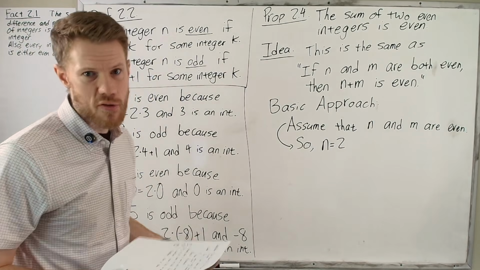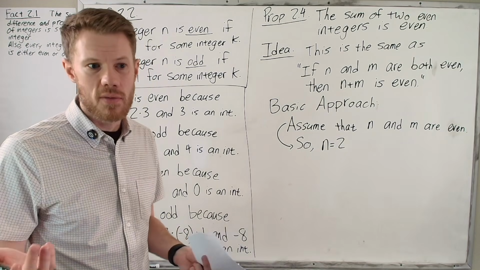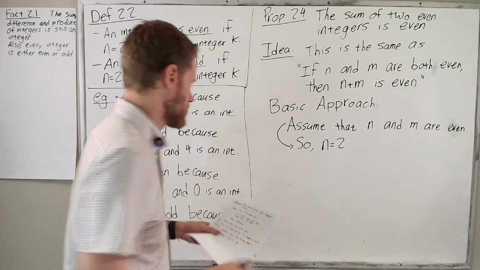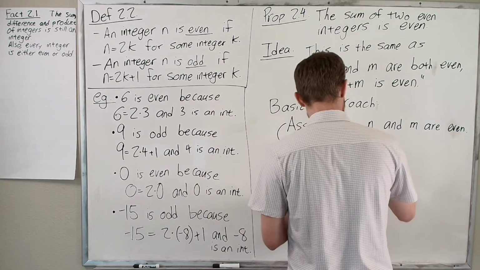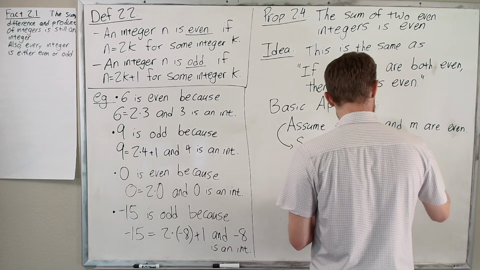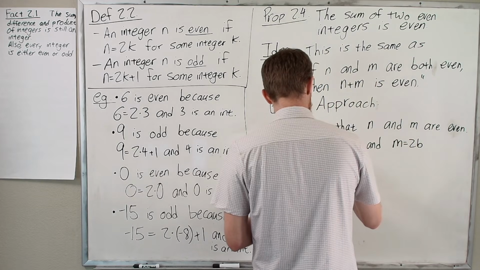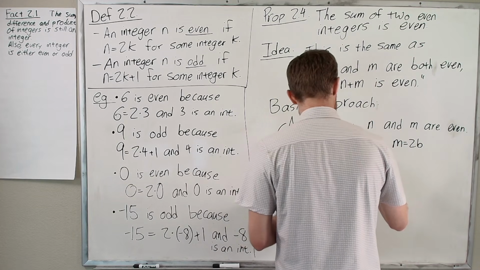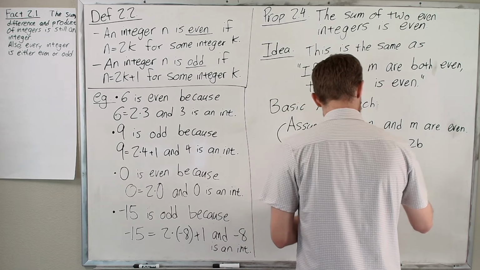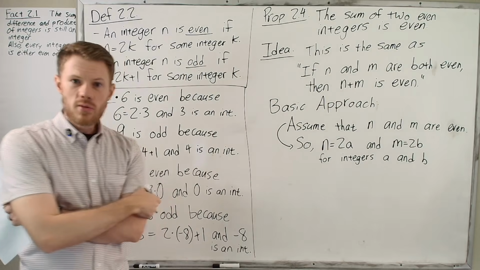We can't use k for both of them. It's just a variable name, it doesn't matter what we call it. But we shouldn't use k for both of them because it's not necessarily the same integer in both cases. So I'll just use 2a and 2b. Okay, so we can say, assume they're both even.